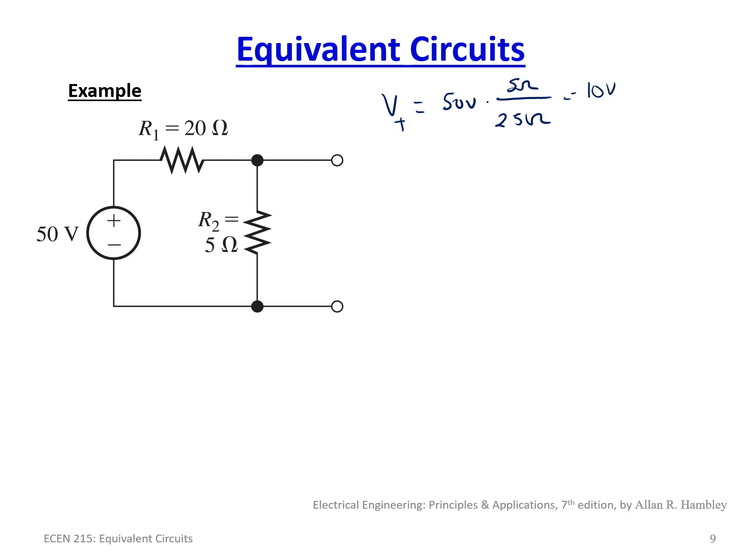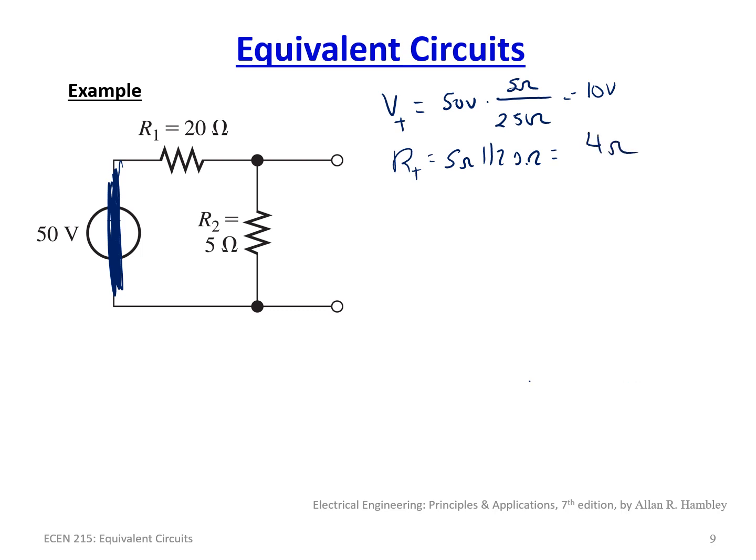So that's VT. So RT, we can solve either way. I'm going to do it the short circuit way, where we short circuit the power supply. So we do that, we end up with a 5 ohm in parallel with 20 ohm, which ends up being 5 times 20 over 25, which ends up being 4 ohms.